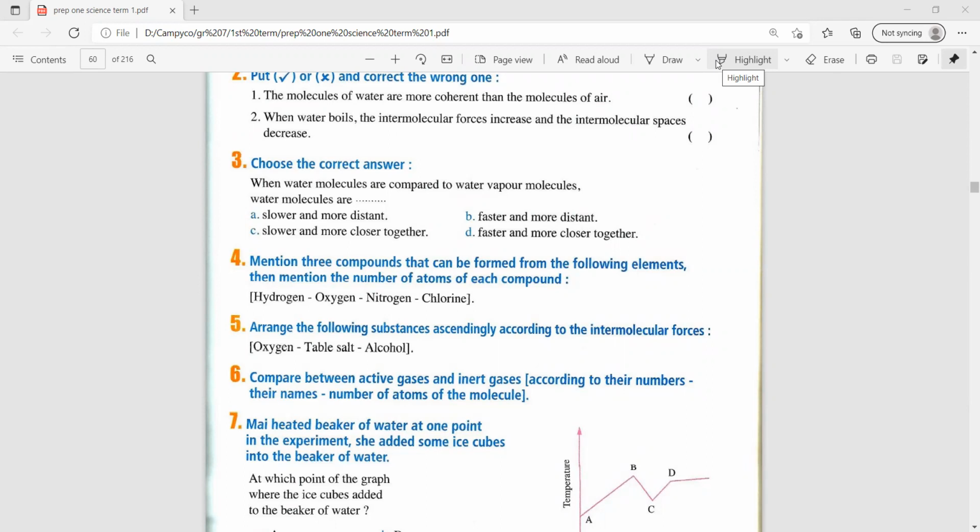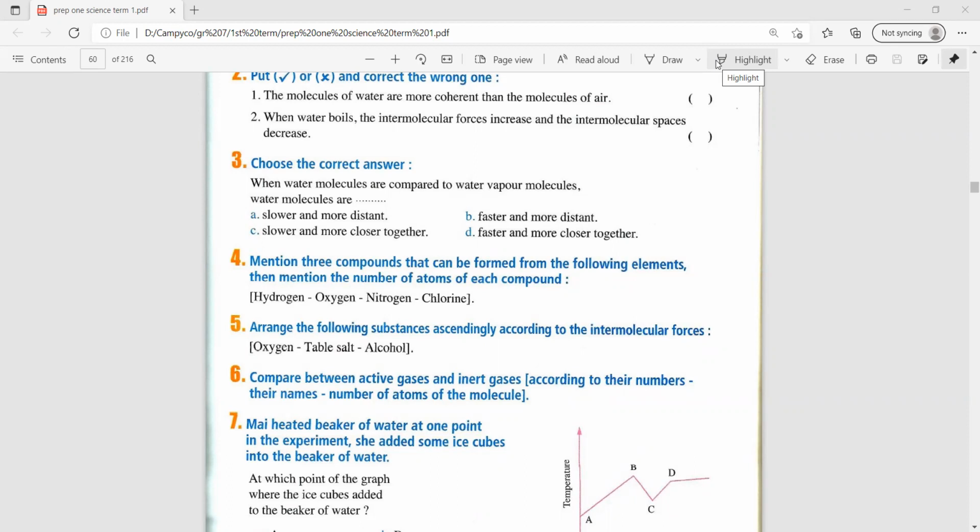Number 5, come on. Arrange ascendingly according to the intermolecular forces. Number 1. Table salt, alcohol, oxygen. Really? Is this the arrangement or are you reading? Yes.